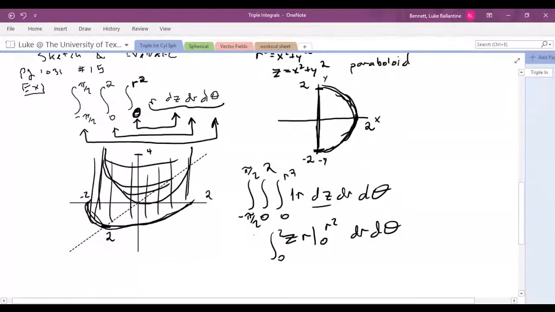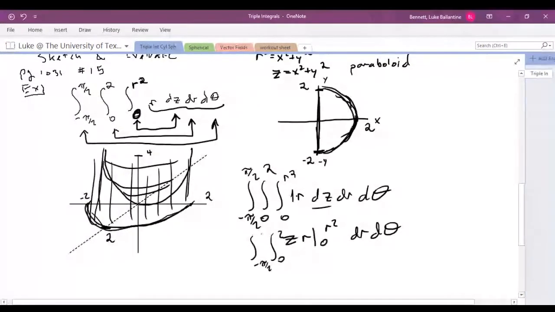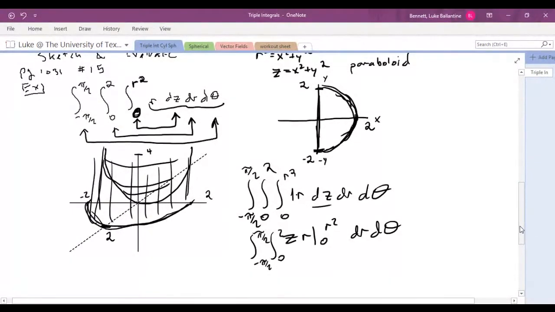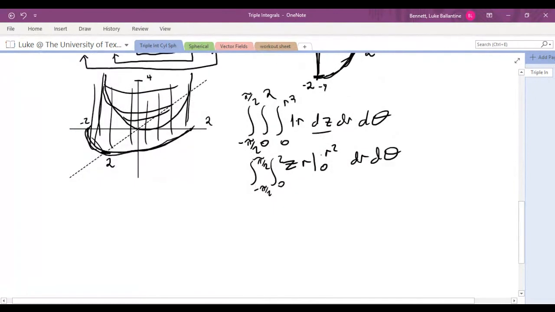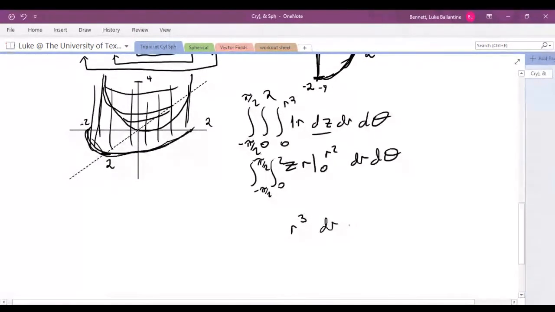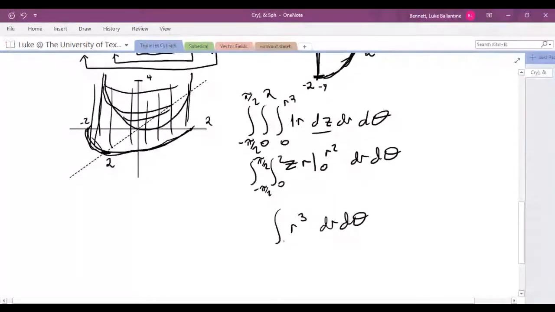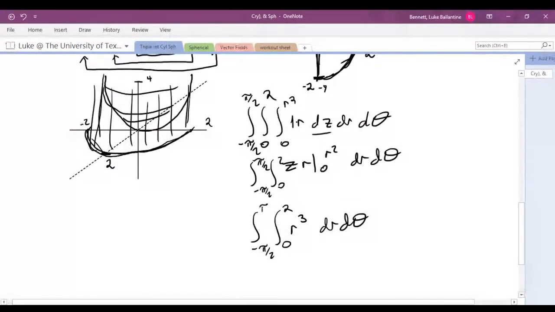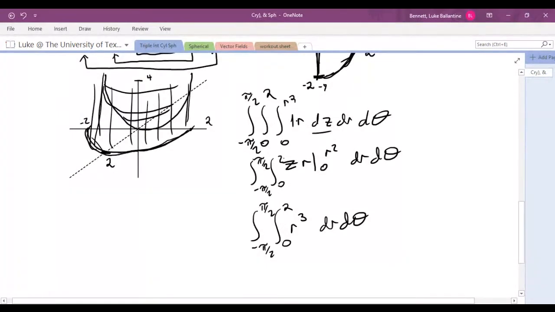Plugging in r squared for z and then 0 for z, we get r cubed minus 0, dr d theta, evaluated from 0 to 2 and negative pi over 2 to pi over 2.